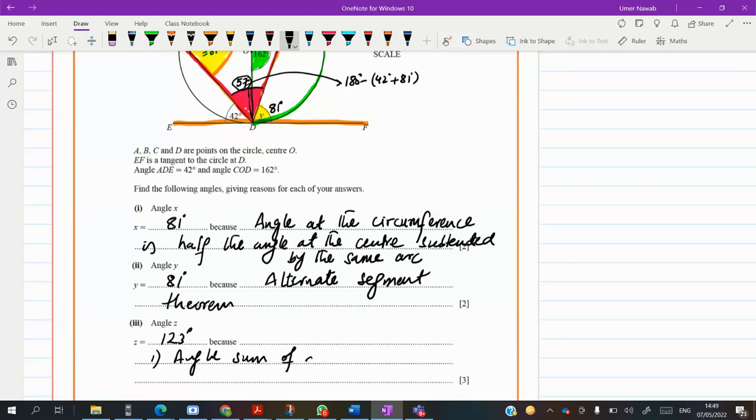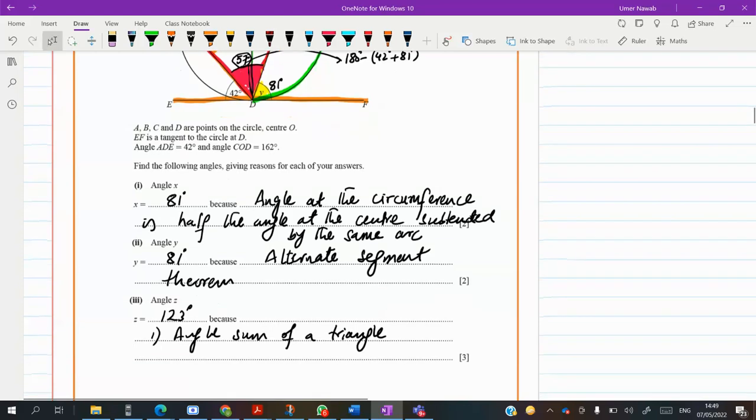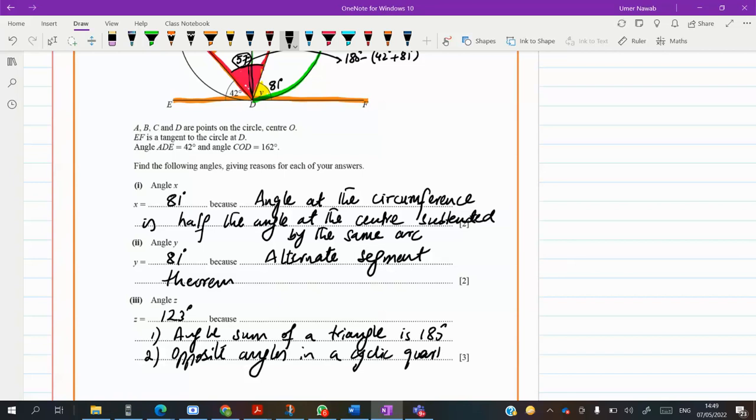Angle sum of a triangle is 180 degree. Number one. Second property is opposite angles in a cyclic quadrilateral are supplementary.